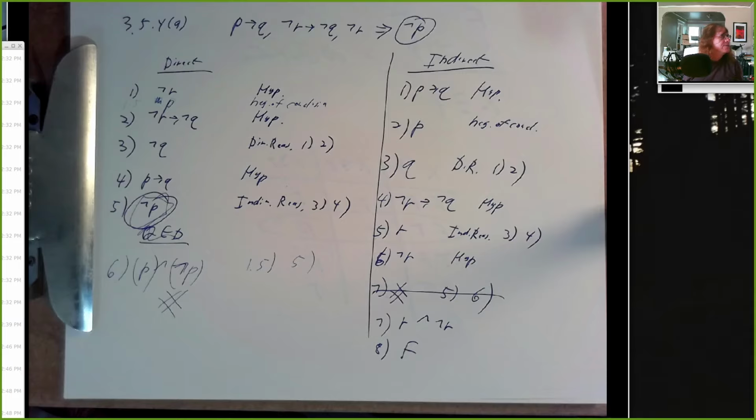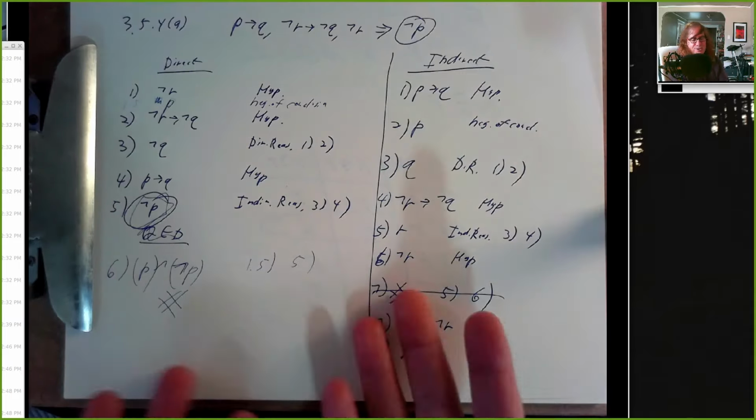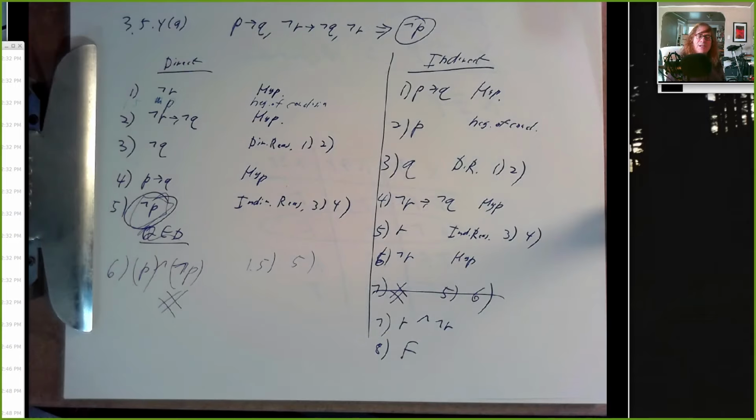So I don't understand why indirect proofs are a thing when you can just use a direct proof. So in these homework questions, it's kind of just an exercise. But yeah, there are cases where an indirect proof will work really well, and a direct proof may not work as easily. I don't know if there's situations where you cannot use a direct proof.